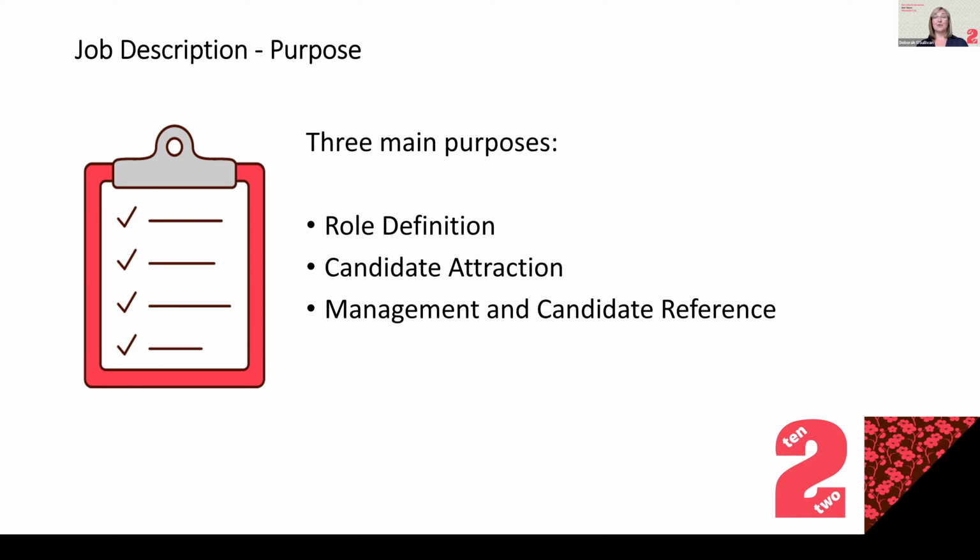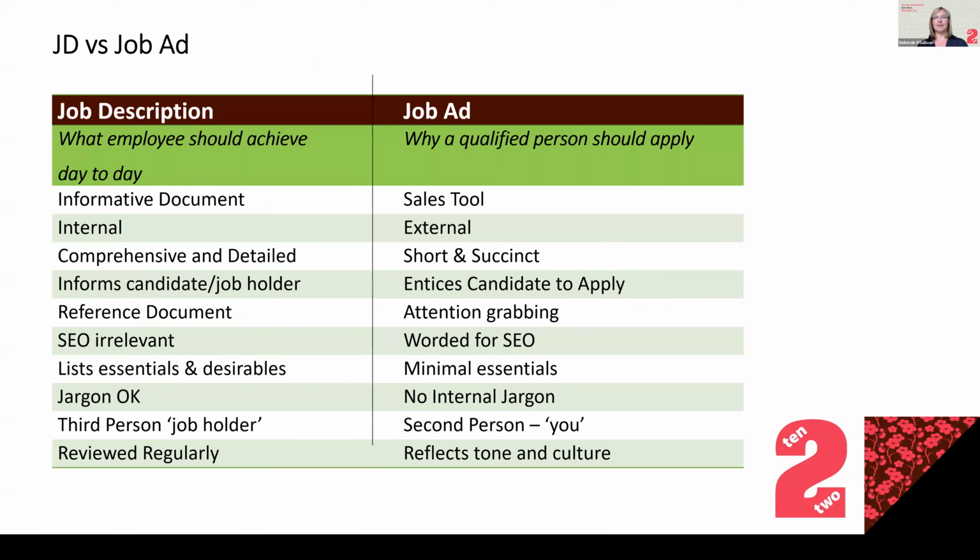Now, we often get asked what the difference is between a job description and a job ad. And I did a little table, and I'm sorry it's very busy, but we will be sending it out. But I thought it was worth just whizzing through. So the key differences are a job description is an internal document, and it identifies what the job holder should achieve on a daily basis. The job ad is an externally facing document, often much shorter, and it's all about why a qualified person should apply for the job.